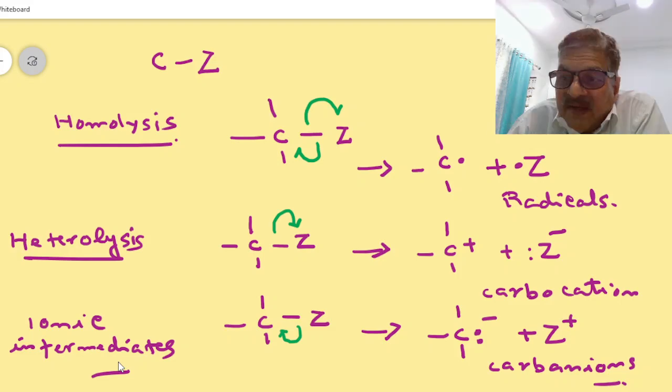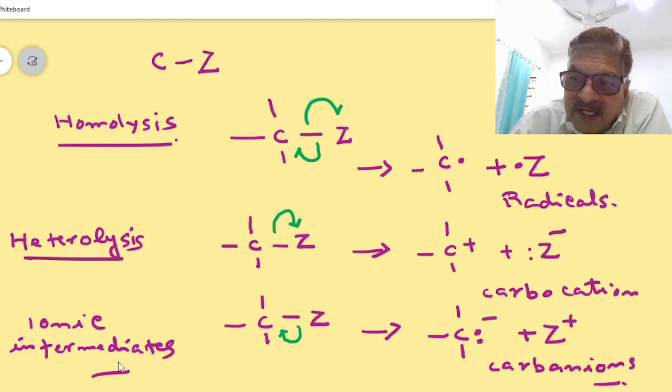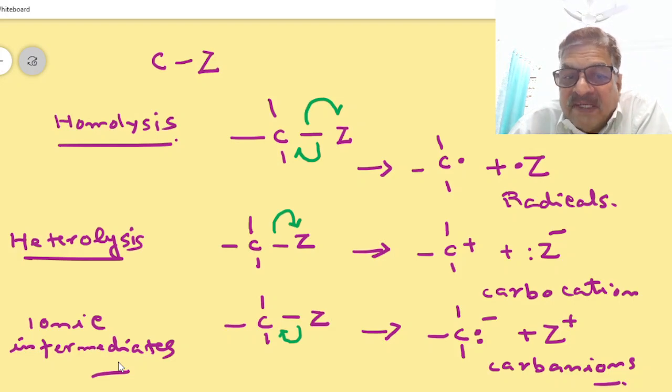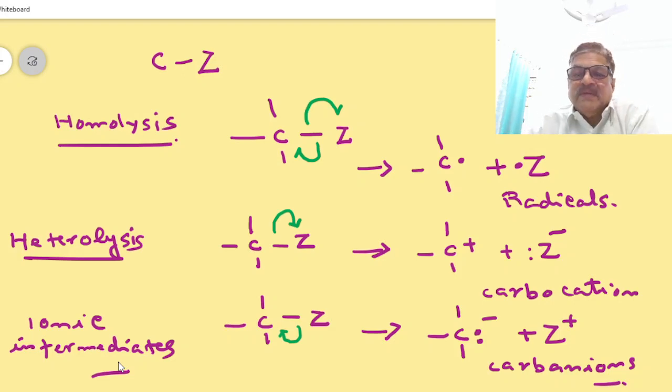Now a carbocation, how many electrons does it contain? A carbon atom surrounded by 6 electrons here. Correct.